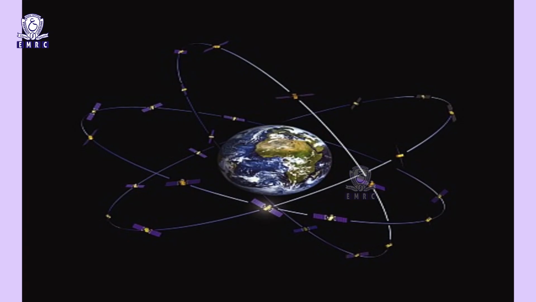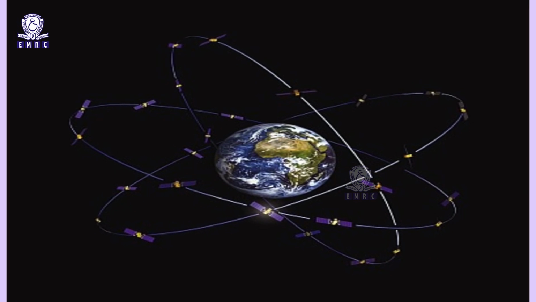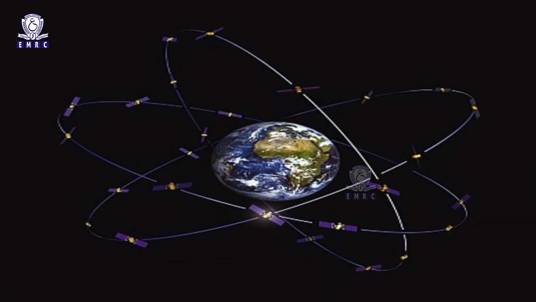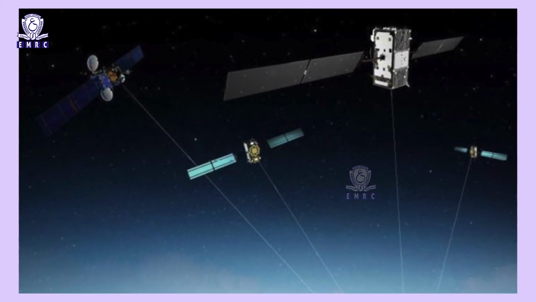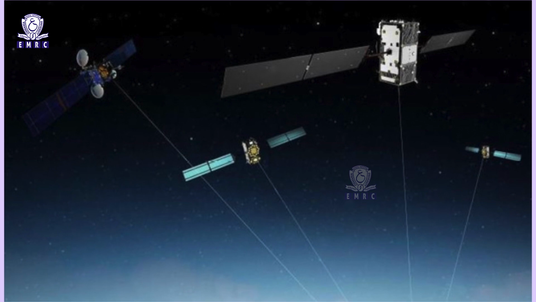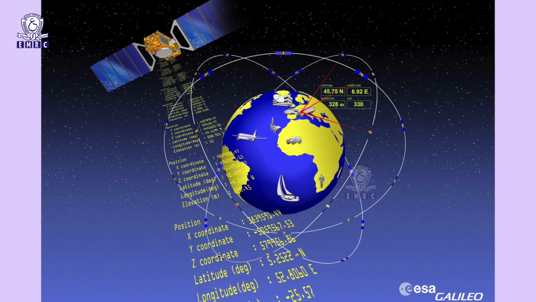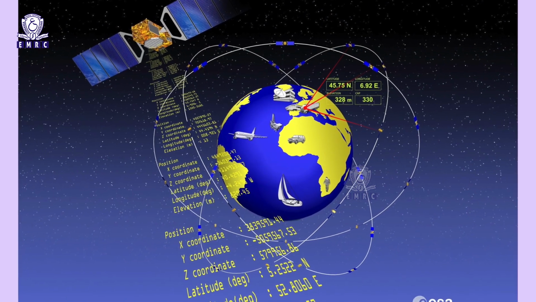The first experimental satellite was launched on 28 December 2005. Galileo is expected to become compatible with the modernized GPS system. The receivers will be able to combine the signals from both Galileo and GPS satellites to greatly increase the accuracy. Galileo is a global navigation system available for civilian and commercial use.